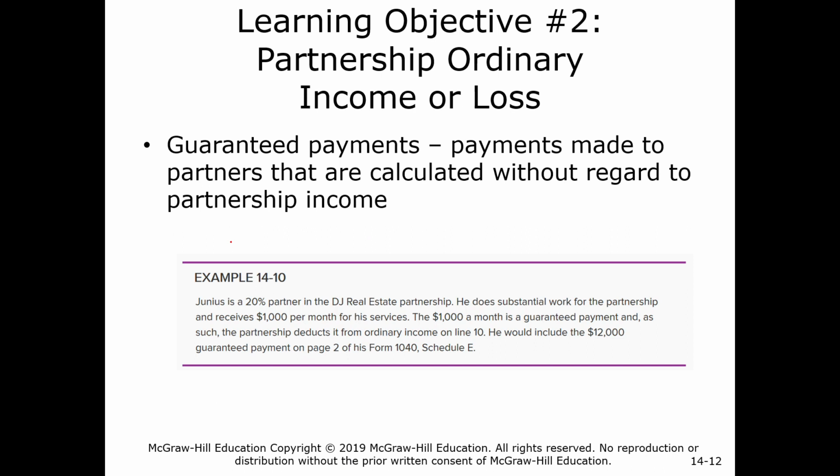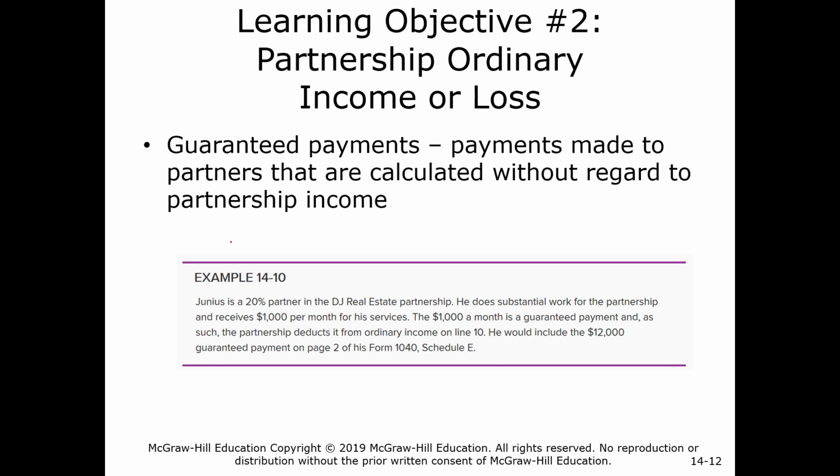Another point of discussion is guaranteed payments. I think we talked about this last time when I presented chapter 13, the at-risk basis and the PAL limitations. Partners do not receive a W-2. They're not salaried employees, they're owners. And so we may have a managing partner who wants to be compensated for their services, and we call these payments guaranteed payments.